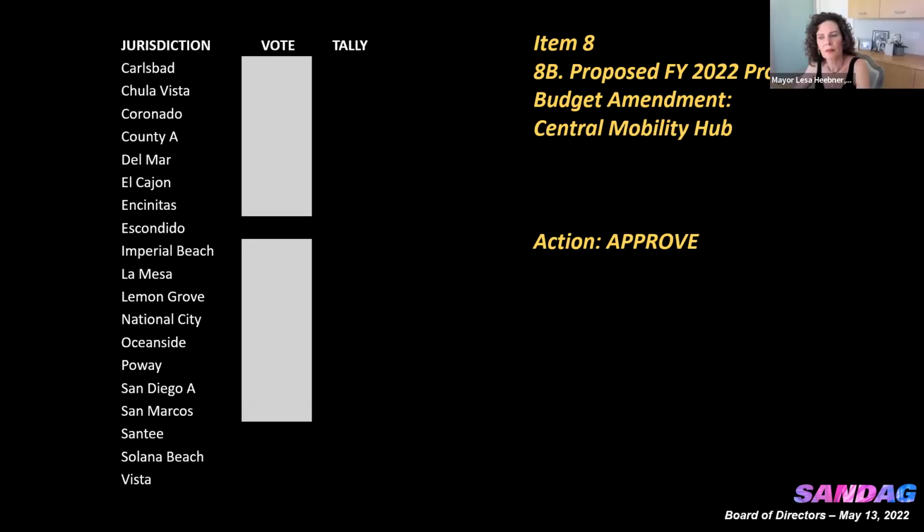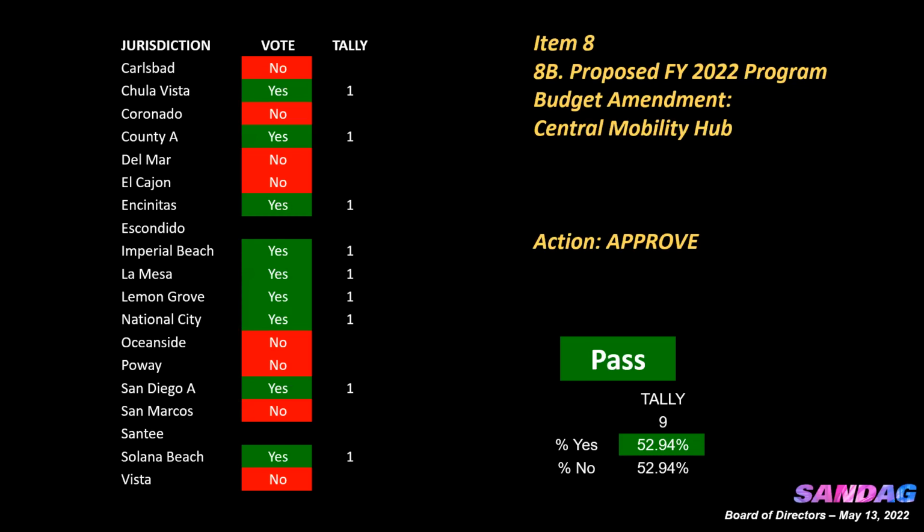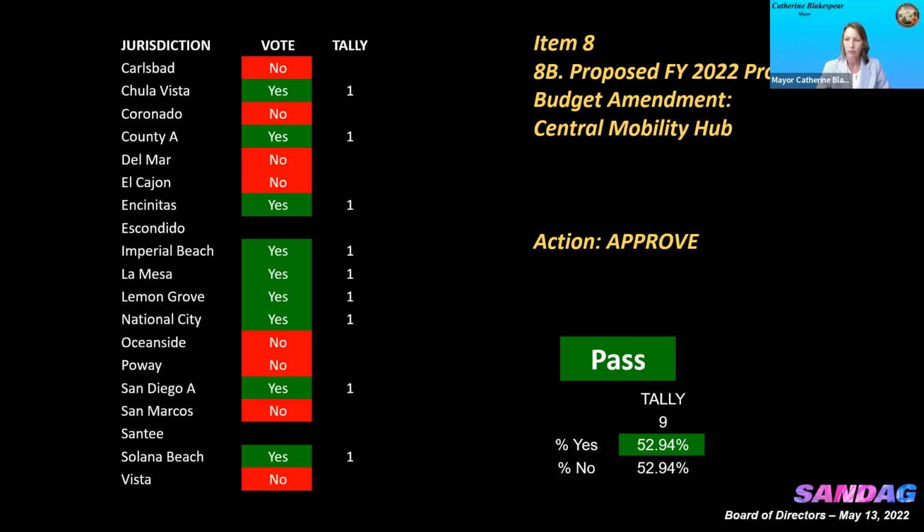The city of Santee is absent. For the city of Solana Beach, Mayor Hebner. Yes. And for the city of Vista, Mayor Ritter. No. And I neglected to state that the city of Escondido is absent. And that item does pass with 9 yeses and 8 noes, apologies.